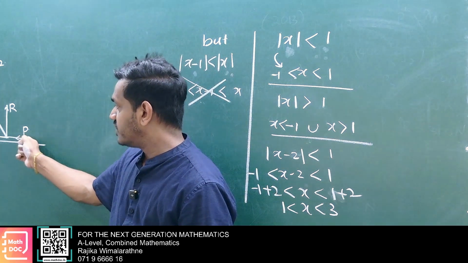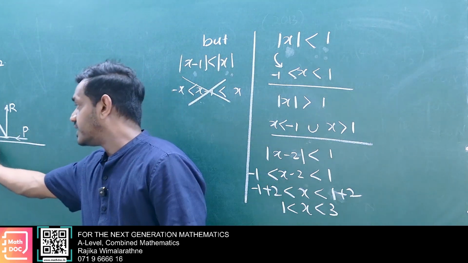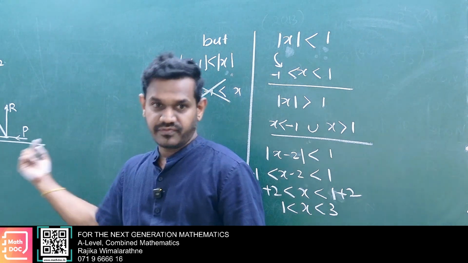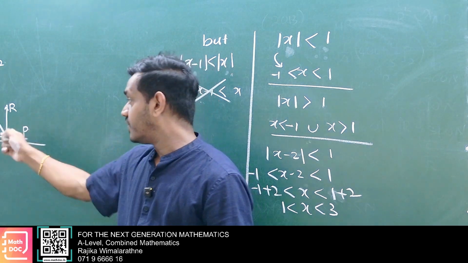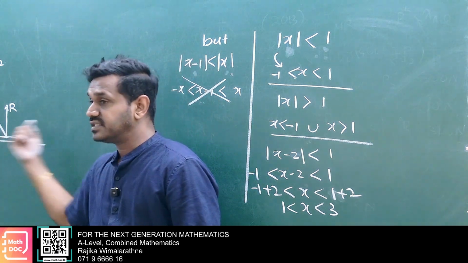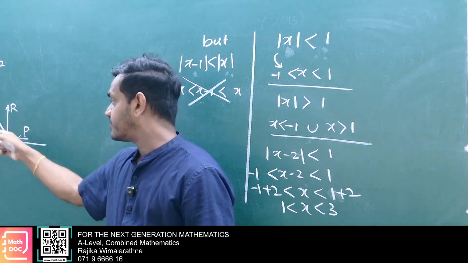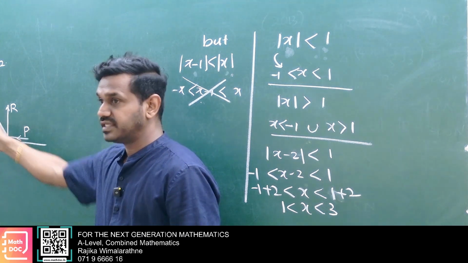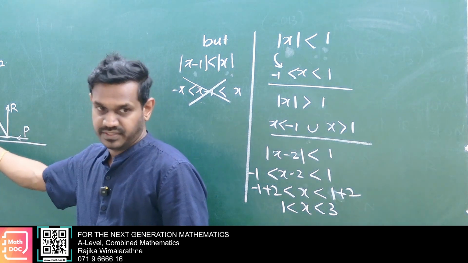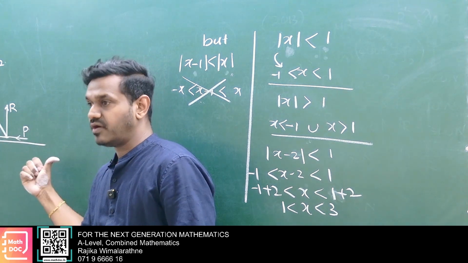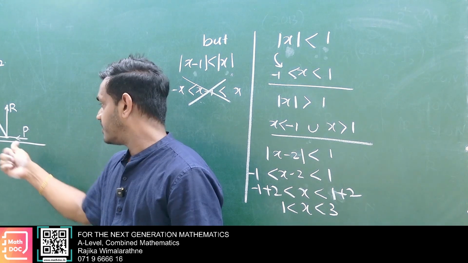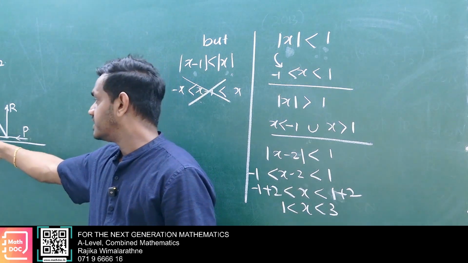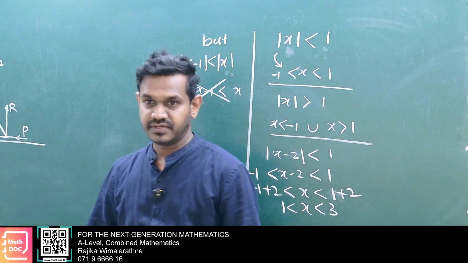For small P values, it has a tendency to move away from the wall. Therefore, friction, this is correct. But for some larger values, it has a tendency to move towards the wall. Then friction will be opposite, no? Therefore, with the value of P, the direction of F can differ, no?